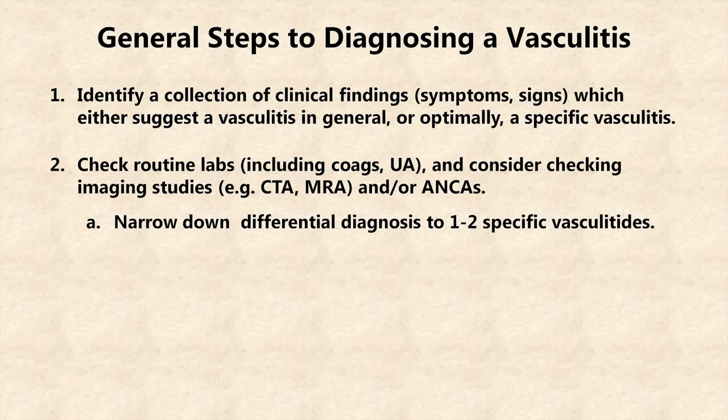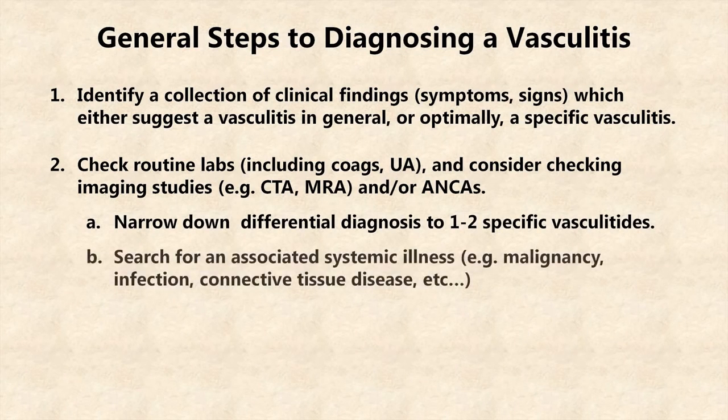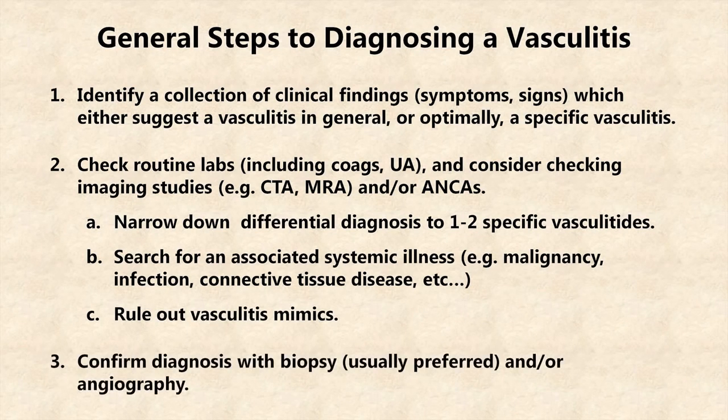This will help to narrow down the differential diagnosis to one or two specific vasculitides, to search for an associated systemic illness that would make the vasculitis secondary, and to rule out vasculitis mimics. Finally, the diagnosis of a vasculitis should be confirmed, preferably with biopsy of a clinically affected organ and/or angiography.